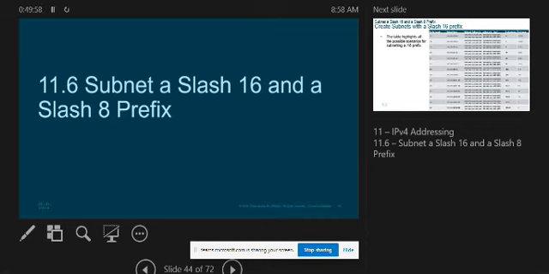So you can see when you borrowed 2, we had 6 bits left, whereas originally we have 8. So we go to 2 to the 6 minus 2. So instead of having 254 computers on a network, when we borrow 2 bits, you can see we have 65 to 126 as the computers. And if you add that up, it should be 62.